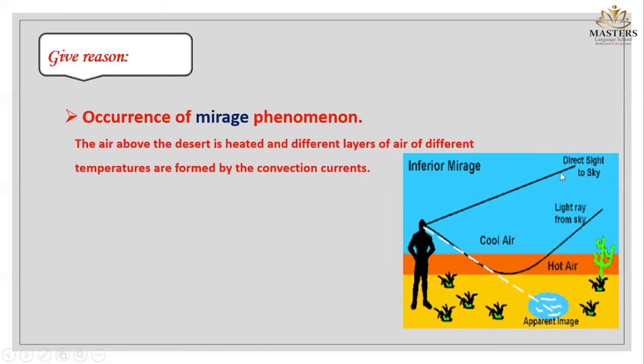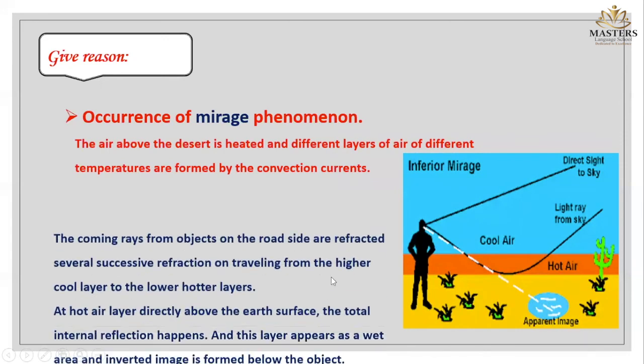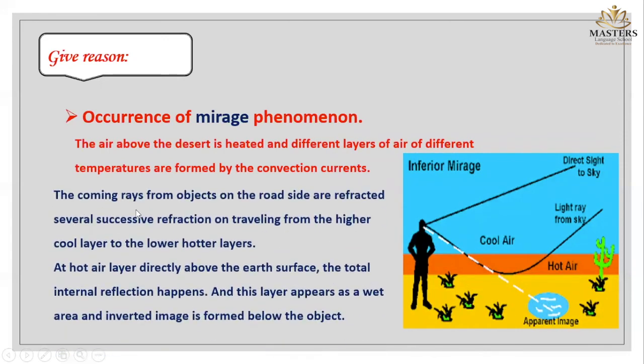Because the air near the sand is hot and above it is cool air, that makes refraction. And this is the apparent image, because the coming ray makes refraction.